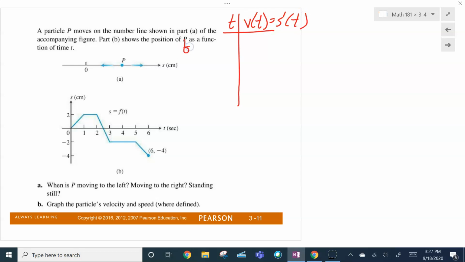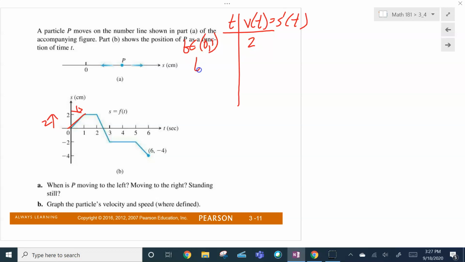Now let's do it for t being between 0 and 1. So when t is between 0 and 1, what's the slope? Up 2 and right 1. 2 over 1 is 2.